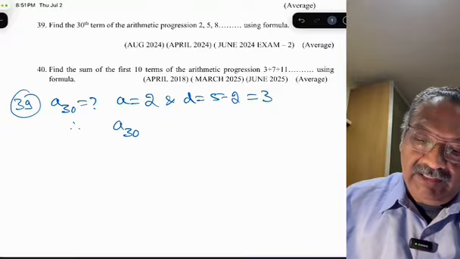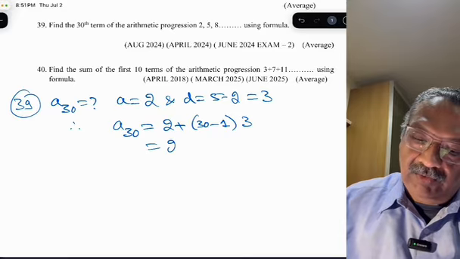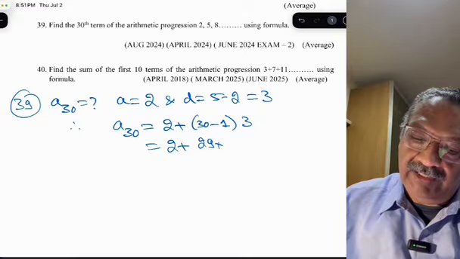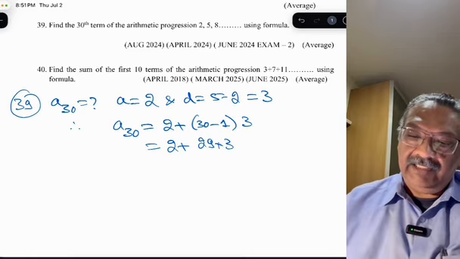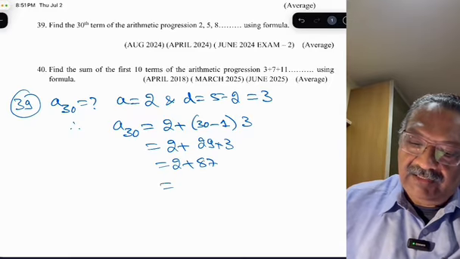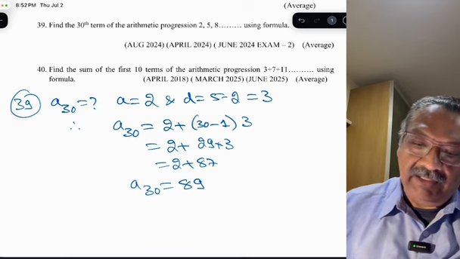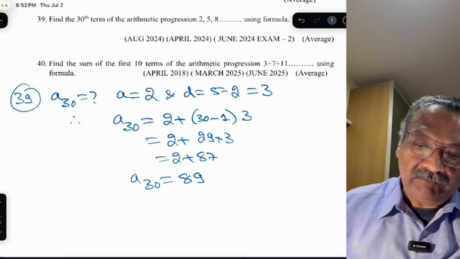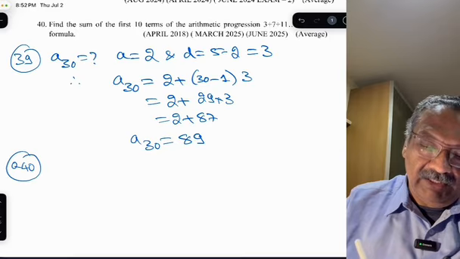Therefore, a30 is equal to 2 plus 30 minus 1 into 3 is equal to 2 plus 29 into 3. 29 into 3 is 30 into 3 is 90 minus 3 is 87. So 2 plus 87 is equal to 89. So a30 will be 89. Next, coming to question number 40. What does question number 40 ask?